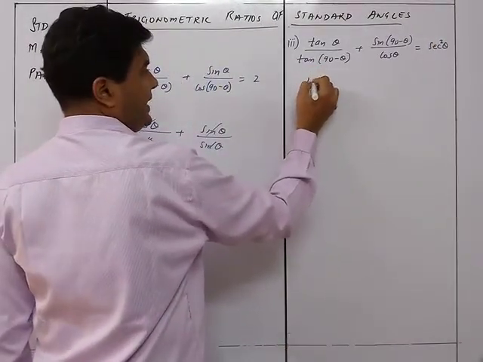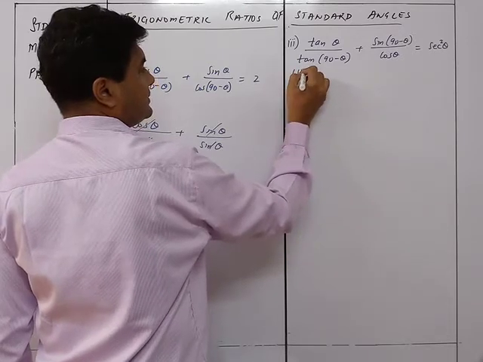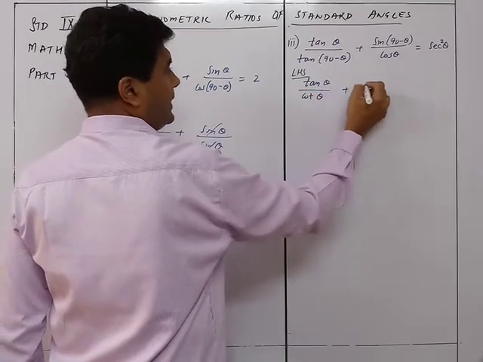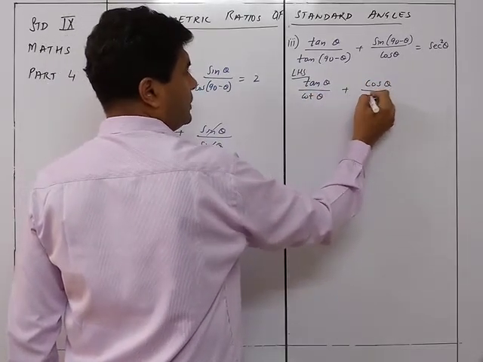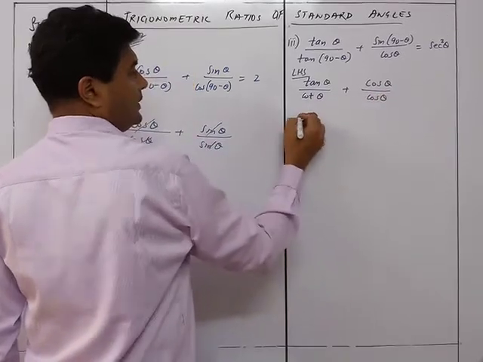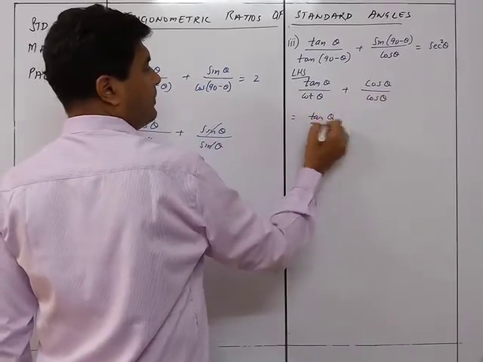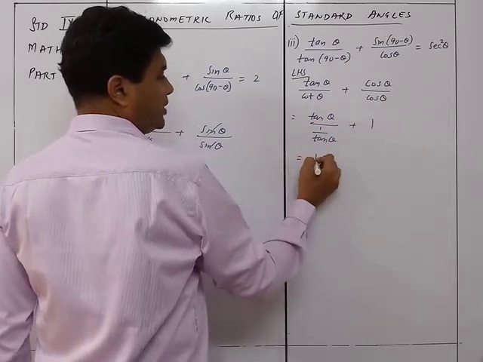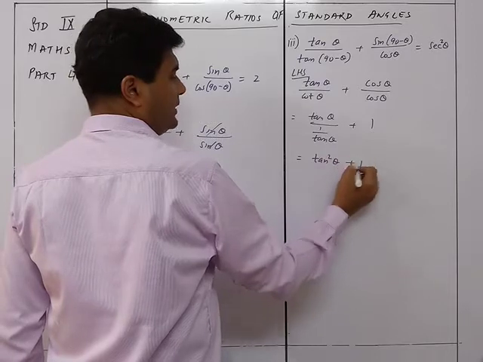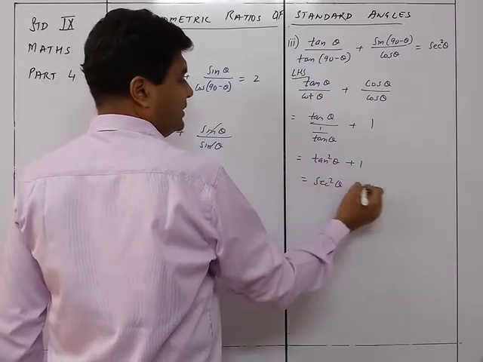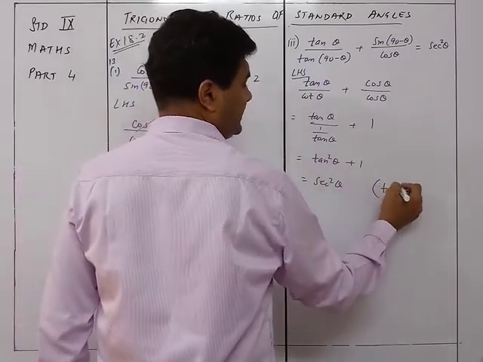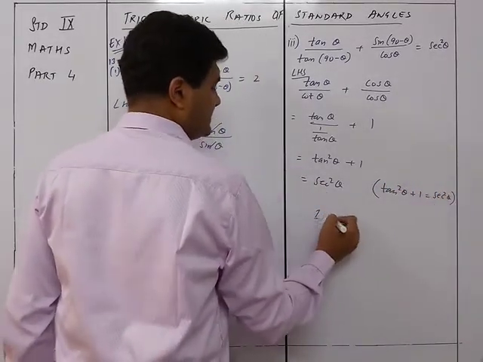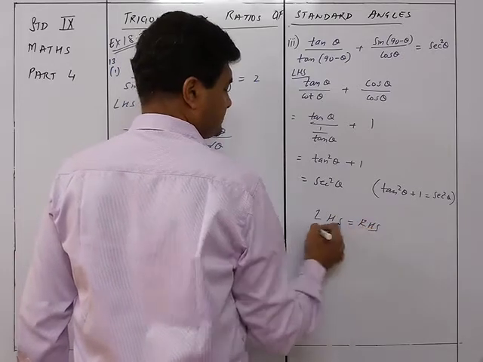So LHS: tan theta upon cot theta plus cos theta upon cos theta. That is tan theta upon 1 upon tan theta plus 1. That is nothing but tan square theta plus 1. That is equal to sec square theta, because tan square theta plus 1 is equal to sec square theta. Therefore, LHS is equal to RHS.